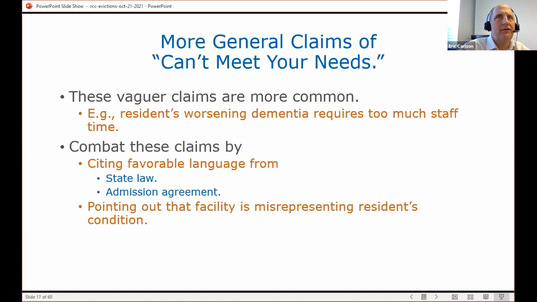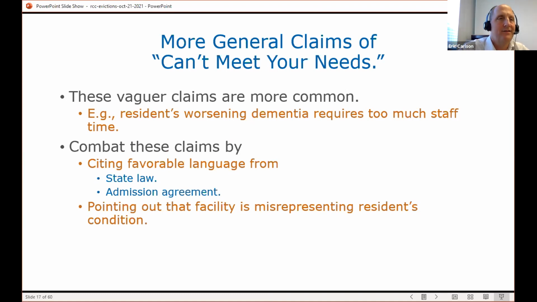And going on with this discussion of cannot meet your needs, oftentimes the issue will not be a particular regulation that lays out this specific unacceptable or inappropriate condition. And I would submit that these type of arguments are more common.